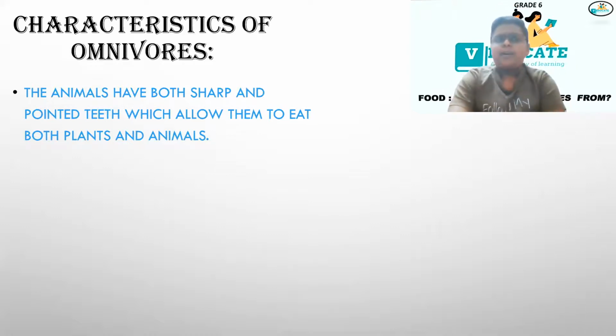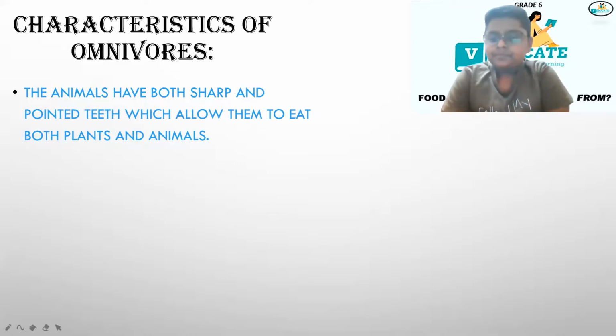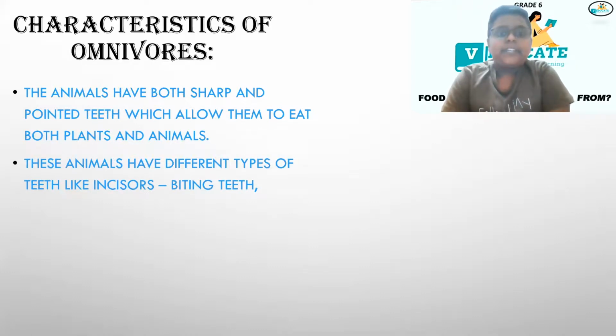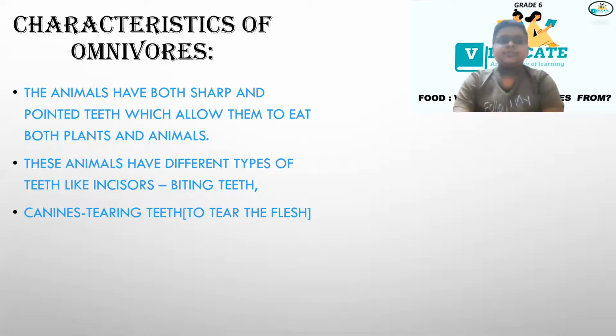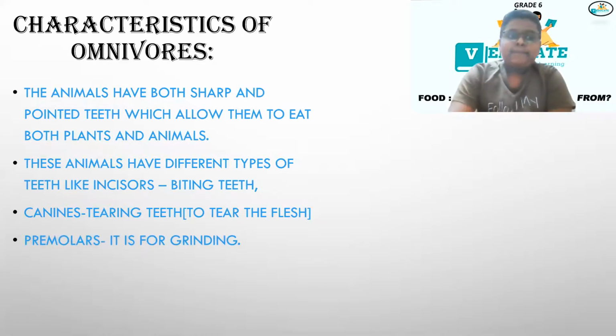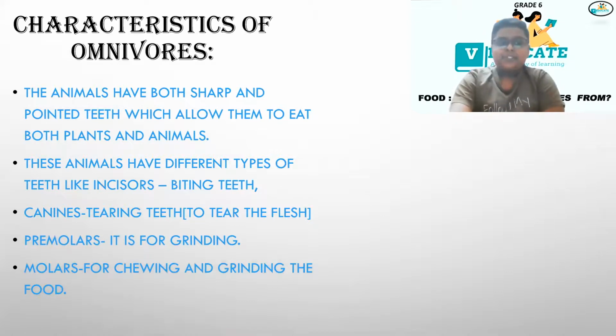They have different types of teeth, like incisors, which are biting teeth, because they have to eat both plant products and meat. Canines are used for tearing the flesh, premolars are used for grinding it, and molars are used for chewing and grinding the food.